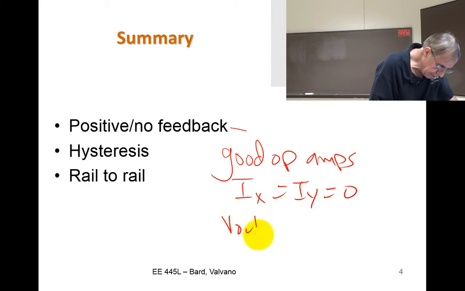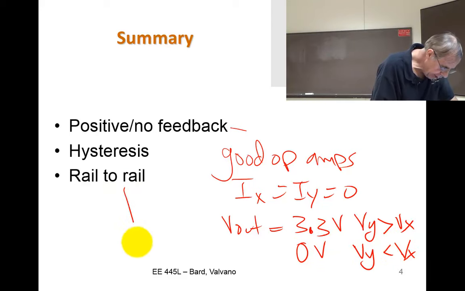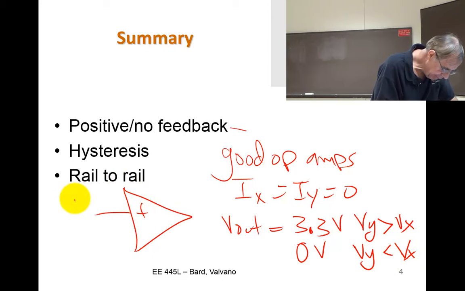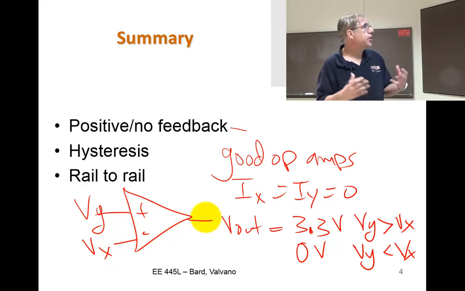So the V-out is either going to be 3.3 volts if Vy is bigger than Vx, or it's going to be 0 volts if Vy is less than Vx, where Vx and Vy are the voltages that are actually on the device. That's essentially what it is.